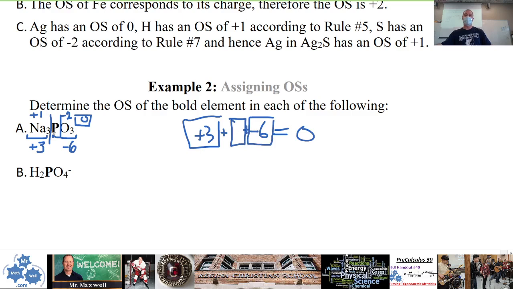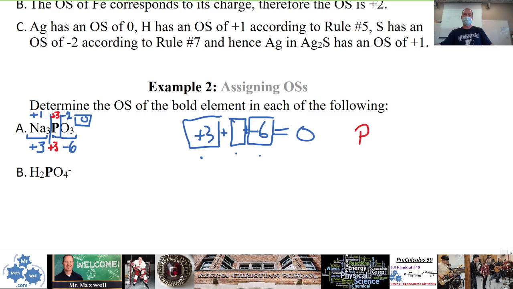Now this becomes a little more straightforward. I can solve for my P now. You see how I don't know what P is? But I do know that +3 plus the oxidation state for P plus -6 has to equal 0. So what does P have to be? It would appear that it should be a positive 3 charge. There's 1 phosphorus, and these need to add up to 0, so I'm missing a positive 3 there.